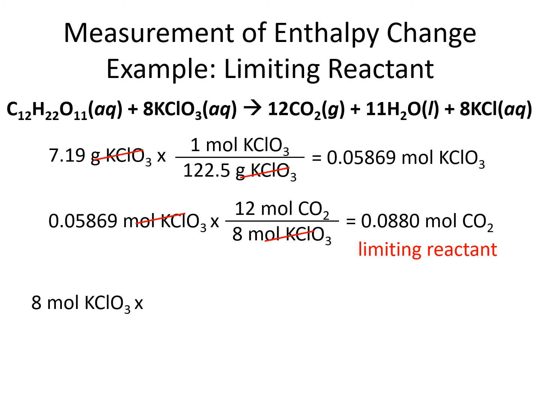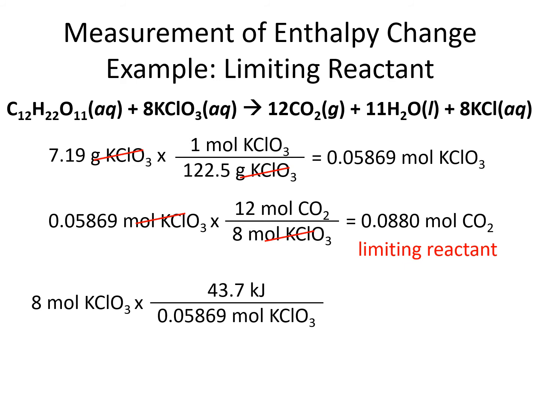But we want to do it with our equation as written. So if we have 8 moles of potassium chlorate, then we can use our relationship between moles of potassium chlorate and kilojoules of heat that gets produced. Our moles of potassium chlorate is that 0.05869 that we just calculated at the top of this slide. And the 43.7 kilojoules of heat is what was produced out of that reaction.